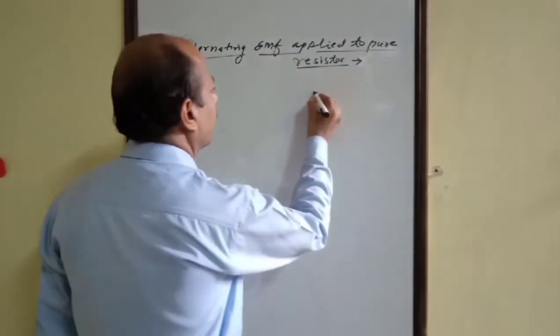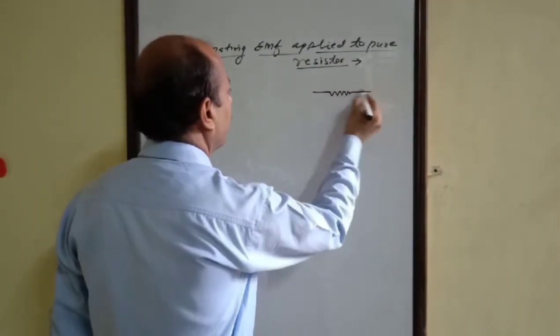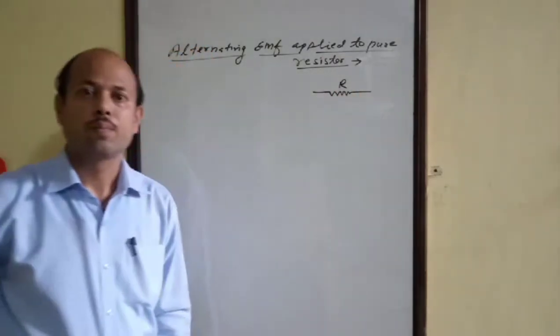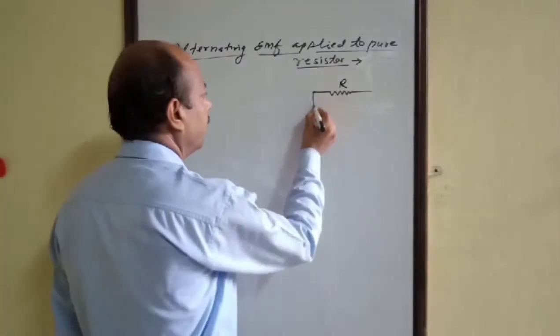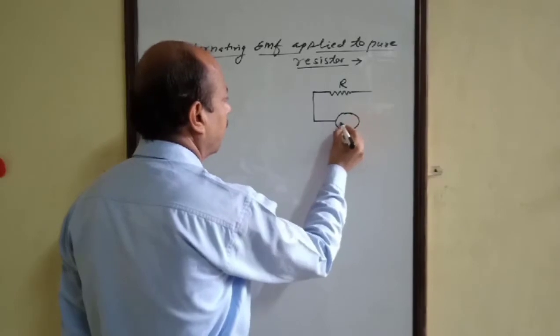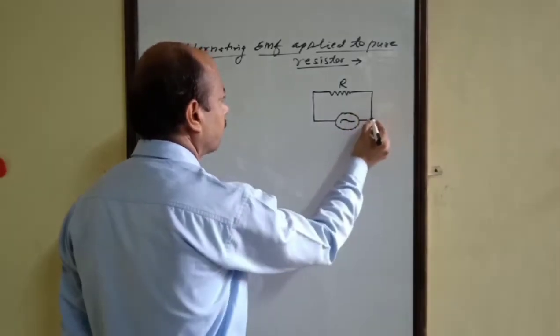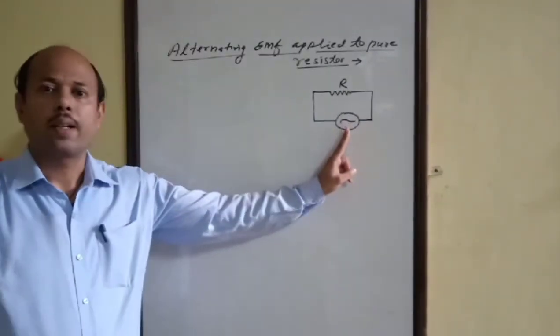So let us suppose this is a resistor of resistance R, and here we have applied an alternating EMF. This is the symbol of alternating EMF.